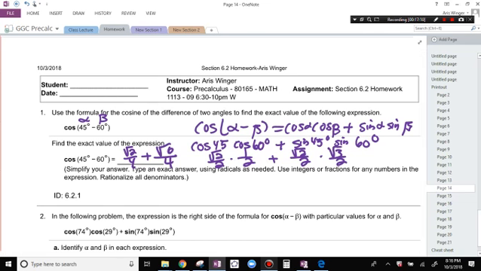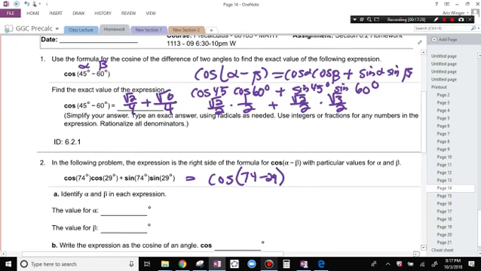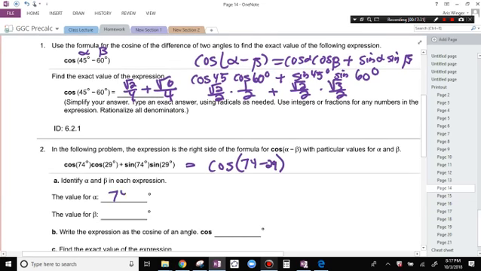Number 2, they're trying to actually say that this is the cosine of what angle? This is really just the cosine of 74 minus 29. Okay. What's alpha in this case? 74.